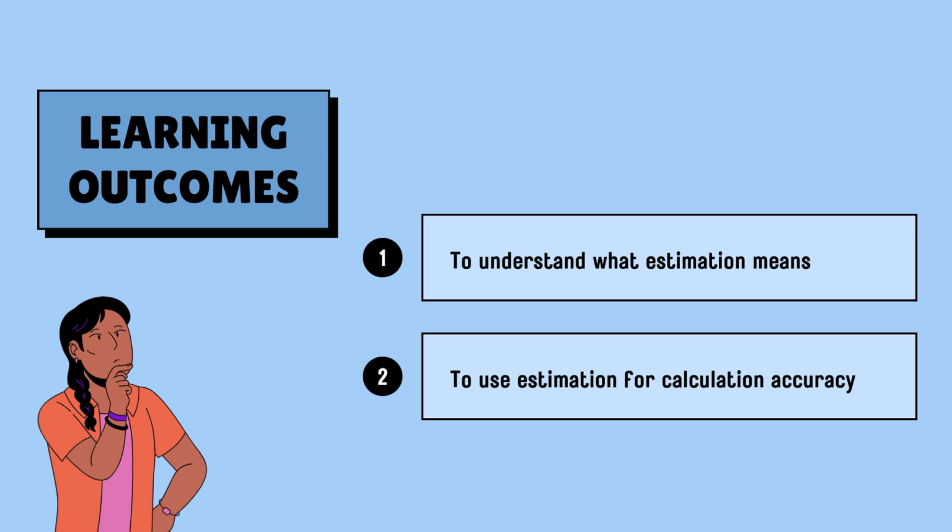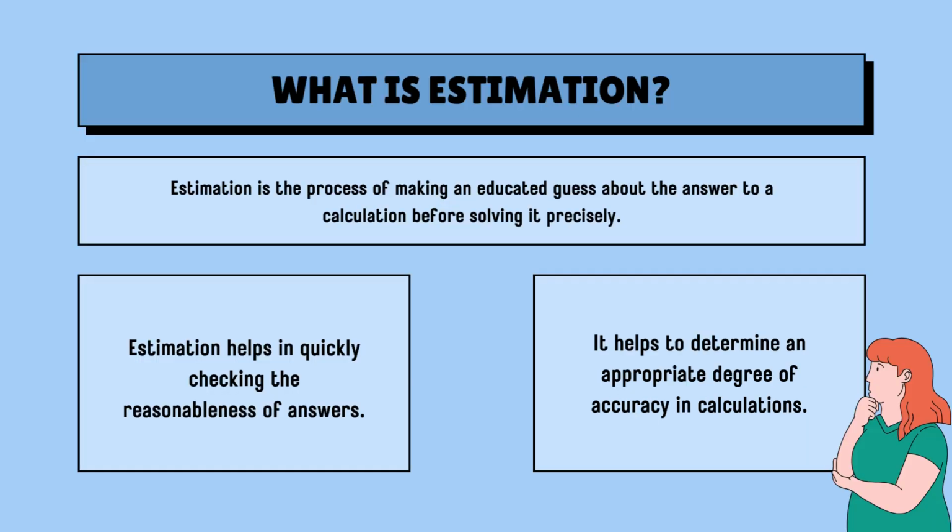So, what we want to learn after this video, and what you should know, is to understand what estimation means, as well as to use estimation for calculation accuracy. What is estimation? Estimation is the process of making an educated guess about the answer to a calculation before solving it precisely.